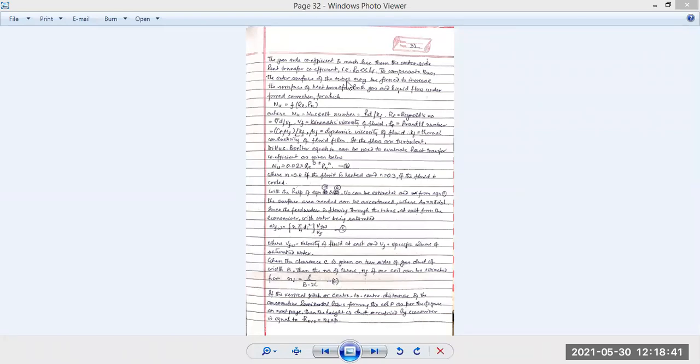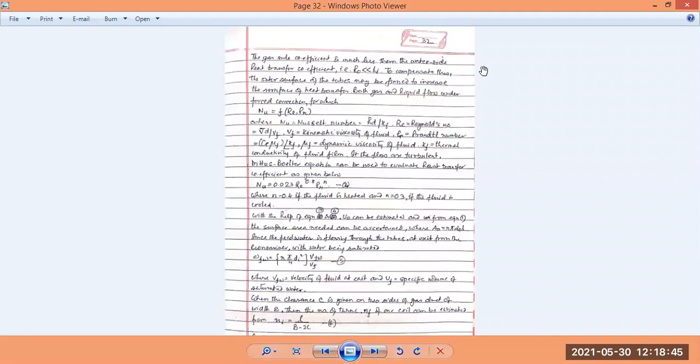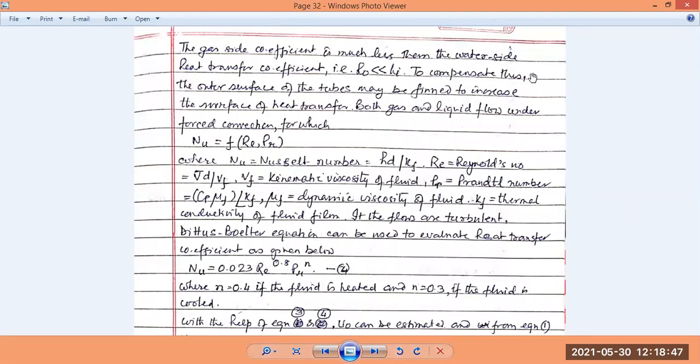Then the gas side coefficient is much less than the water side heat transfer coefficient, that is, H0 is less than HI. To compensate for this, the outer surface of the tube may be finned to increase the surface area of heat transfer.